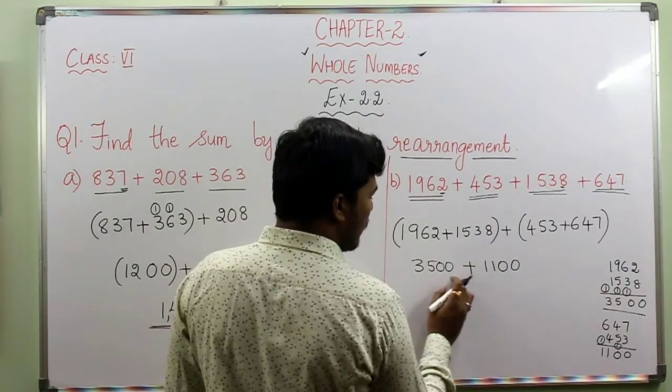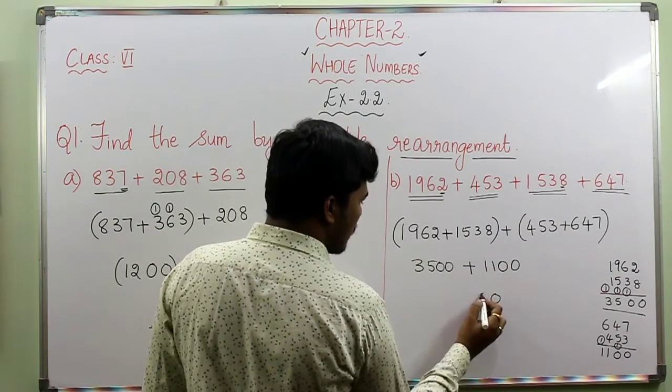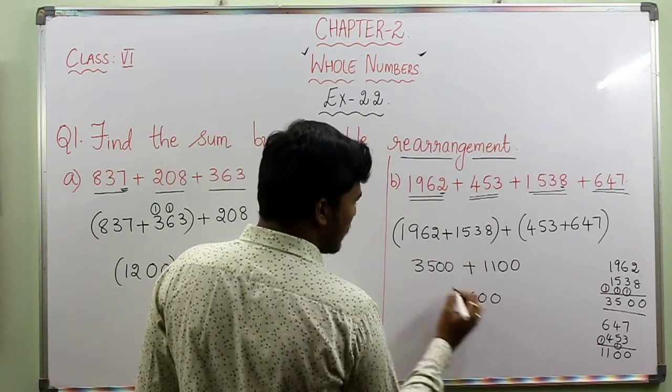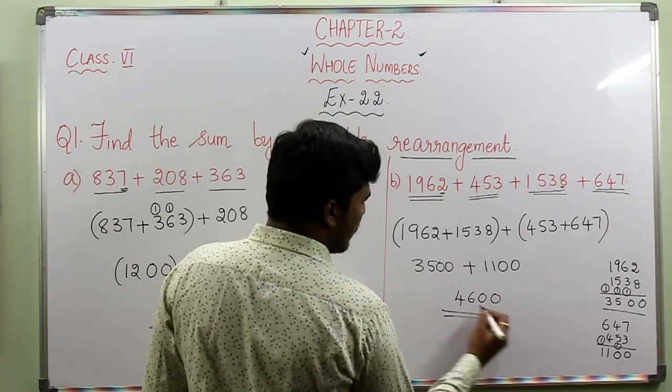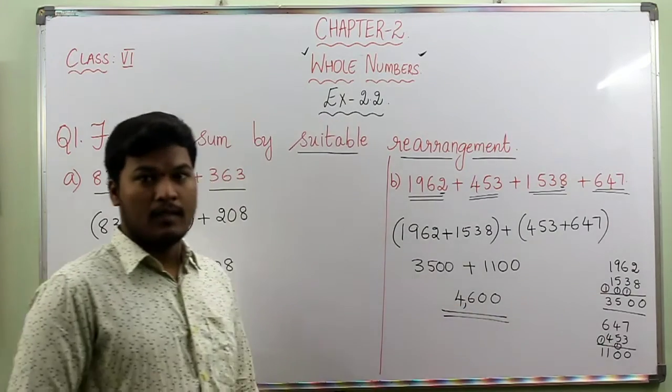So now 0, 0, 0, 0. 5 plus 1 is 6. 3 plus 1 is 4. So therefore the answer is 4600.